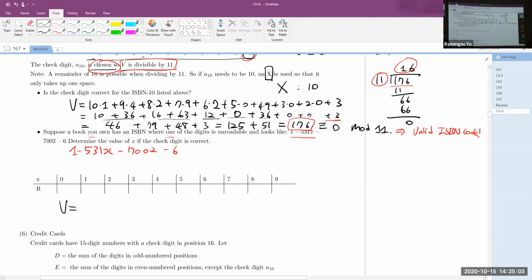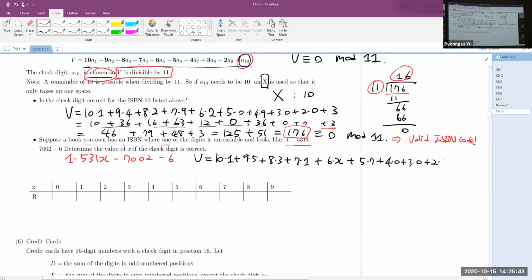To deal with this, first of all, you need to calculate V. So V is equal to 10 times 1 plus 9 times 5 plus 8 times 3, 7 times 1 plus 6 times x, because we don't know what x is, and 5 times 7, plus 4 times 0, 3 times 0, 2 times 2 plus 1 times 6.